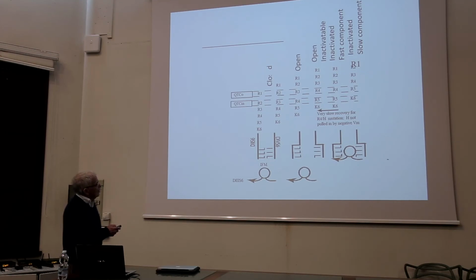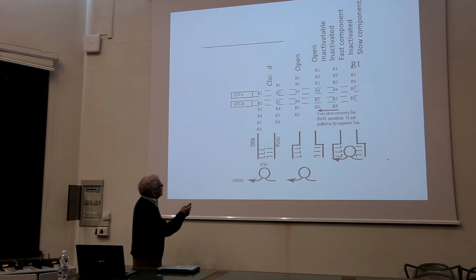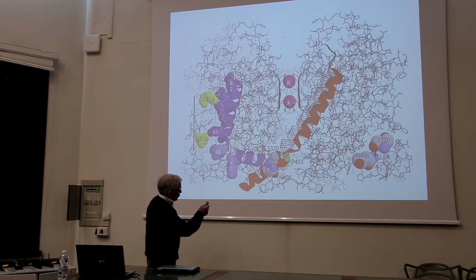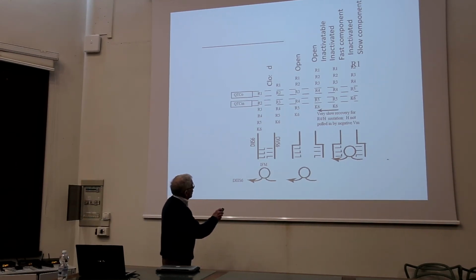And here's a guess. Here's a closed channel, and then as the channel activates, well, in the closed state, the inner ends of the S6 groups have this highly hydrophobic motif here.